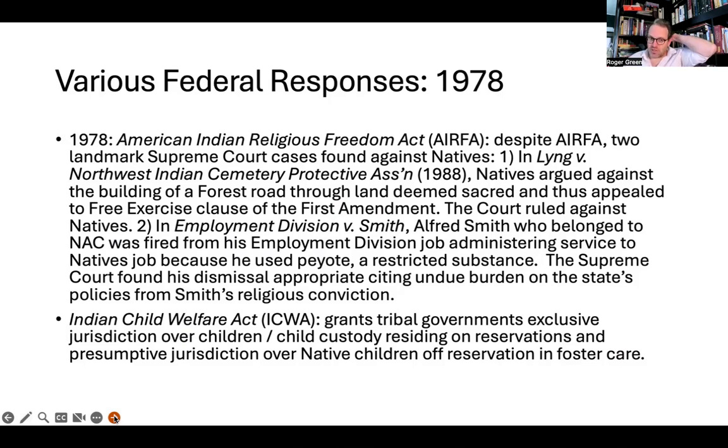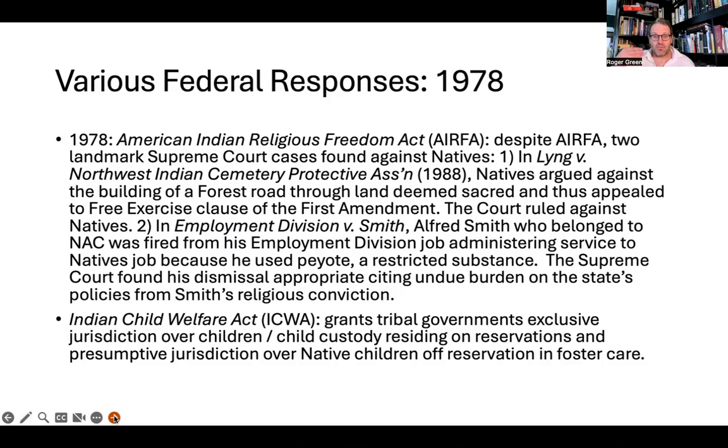We then get the Indian Child Welfare Act, or ICWA, which granted tribal governments exclusive jurisdiction over children and custody residing on reservations, and presumptive jurisdiction over Native children off reservation and in foster care.